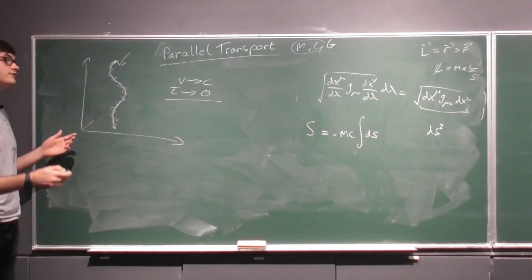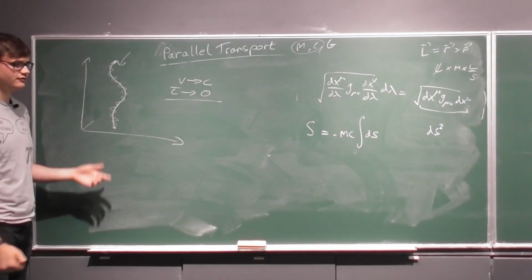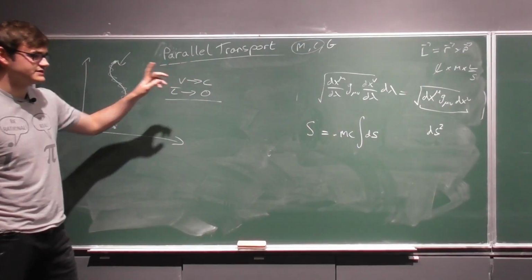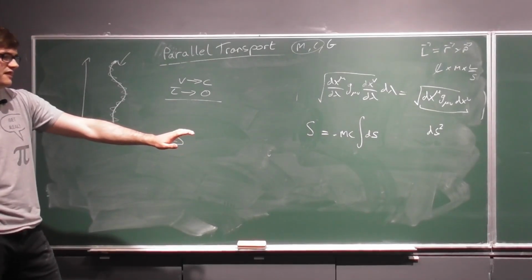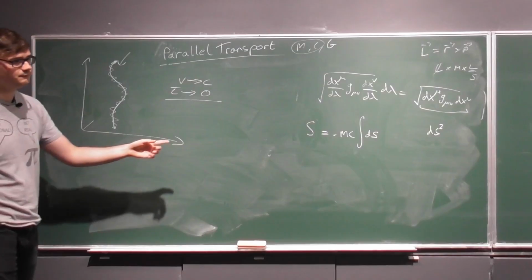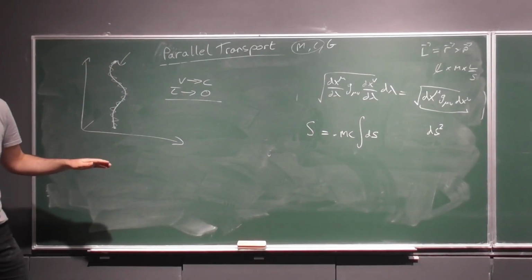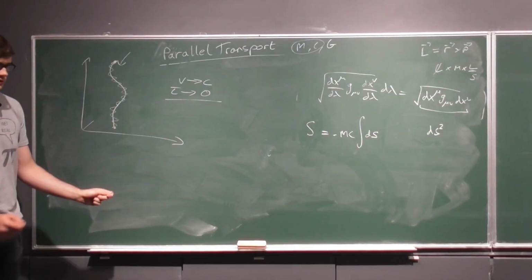But the paradox comes from the fact that it's hard to tell these apart from the perspective of the twin on the ship. It's the other twin that has gone away from them and then come back. So from that twin's perspective, maybe the twin that stayed on Earth should have been younger. So it's hard to figure out which twin, when they get back, is younger and which is older.